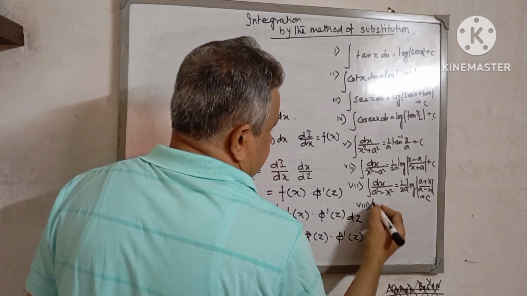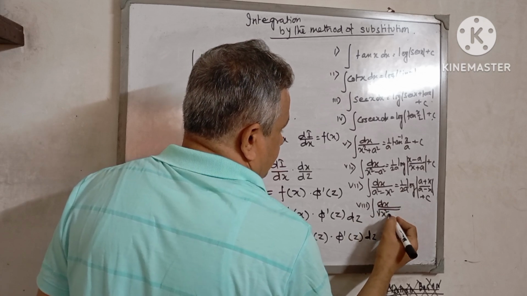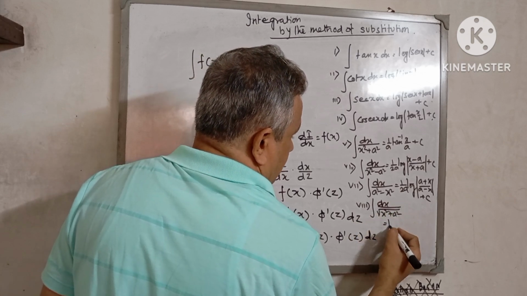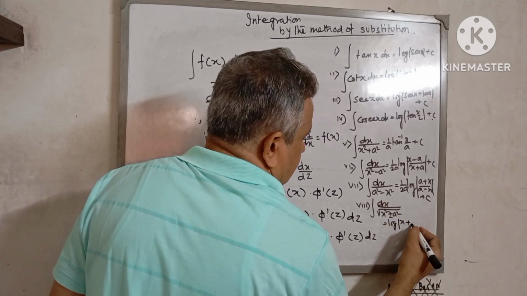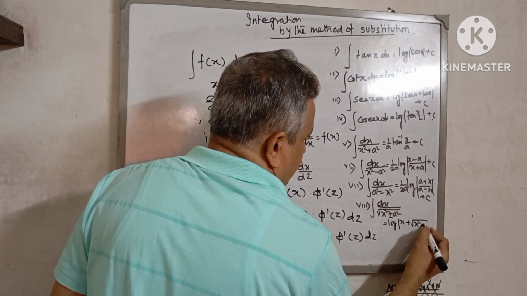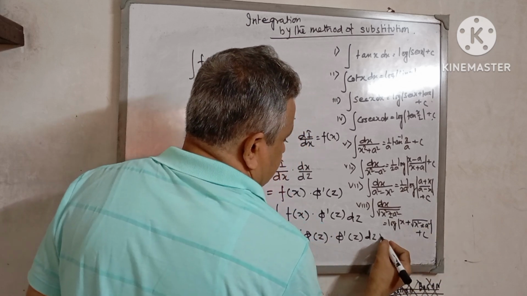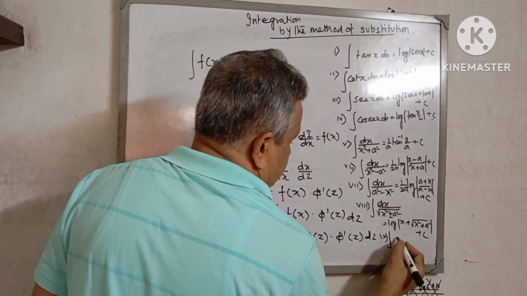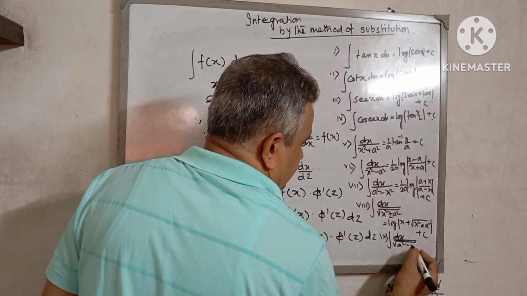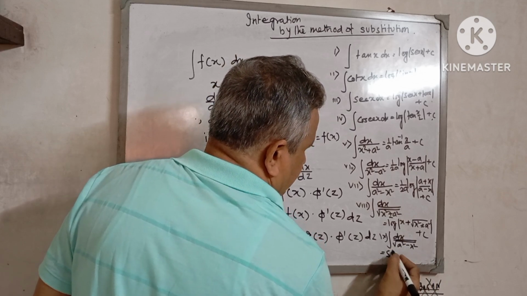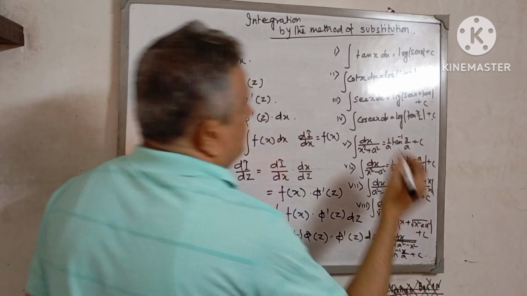Integration of dx by root over x square plus a square is log of x plus root over x square plus a square plus c, and last, integration of dx by root over a square minus x square is sine inverse x by a plus c.